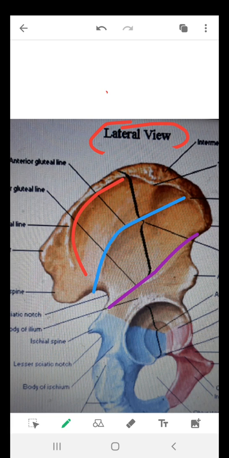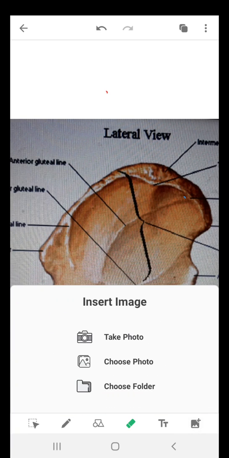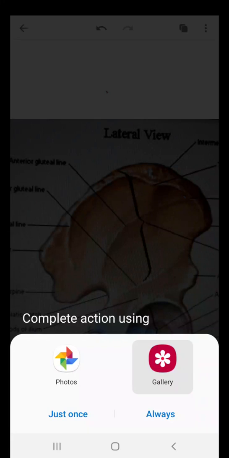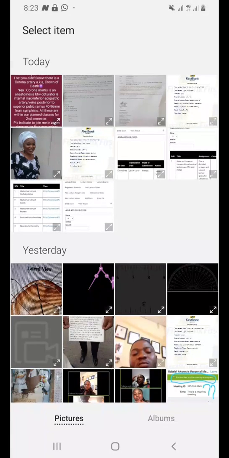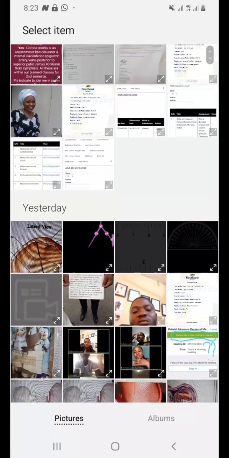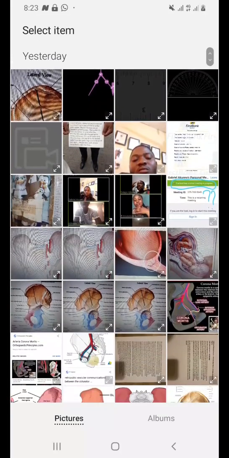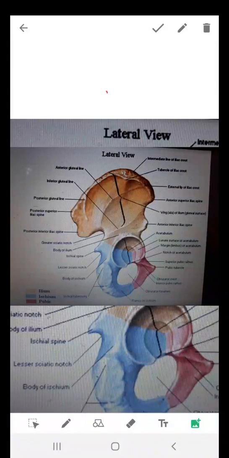Now let's take a look at the medial view of the ilium.